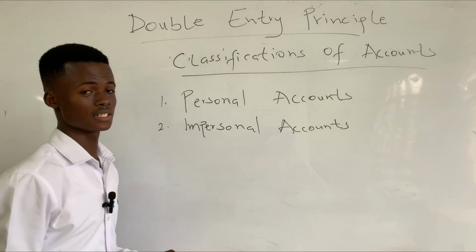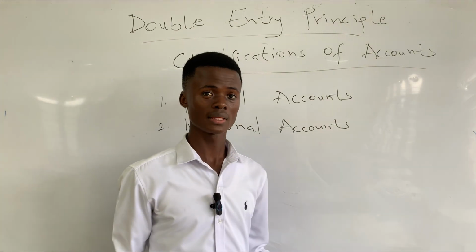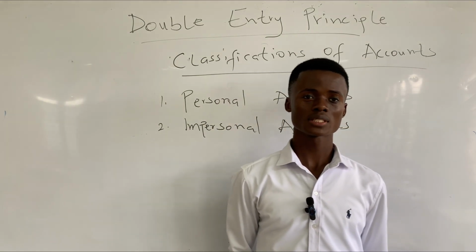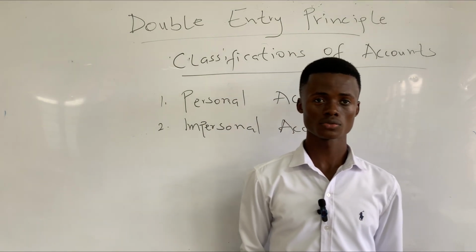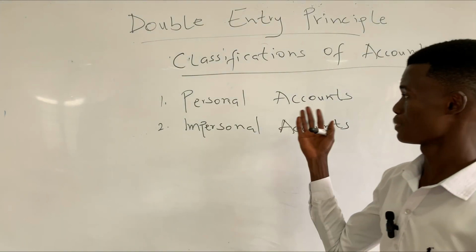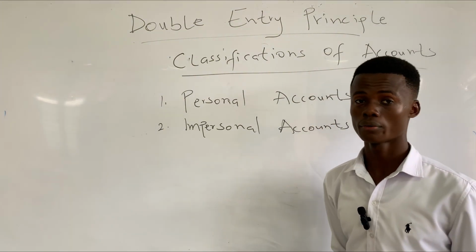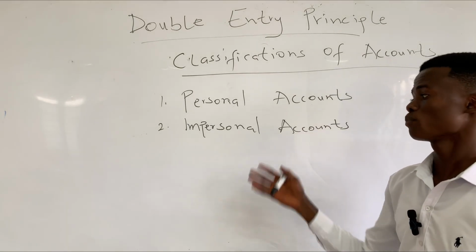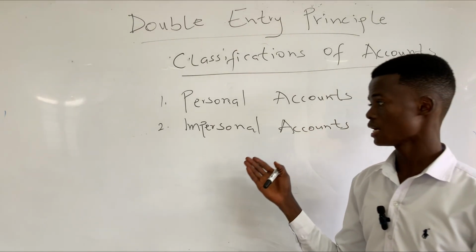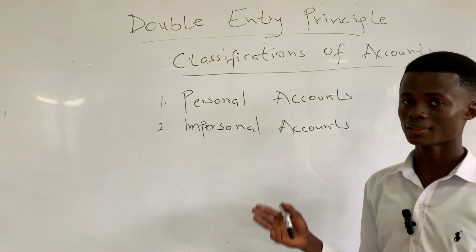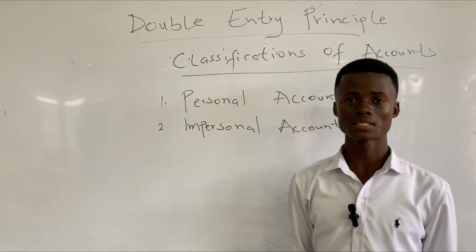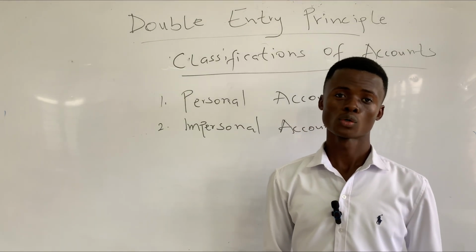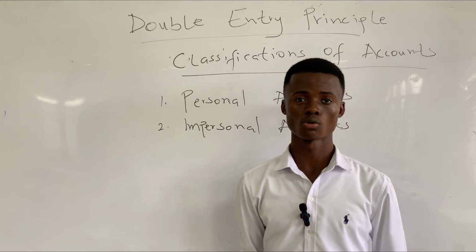Per our definition, we said that an account contains records or historical records of the items and persons an organization deals with. And we said that the personal accounts contain the records of the people the organization deals with. So obviously, the impersonal accounts are the accounts that contain the items the organization deals with. These items could be either tangible or intangible.